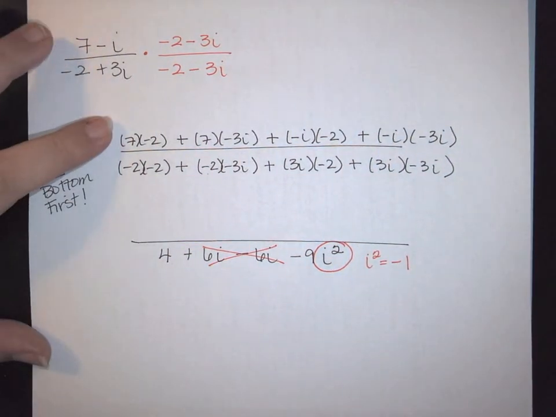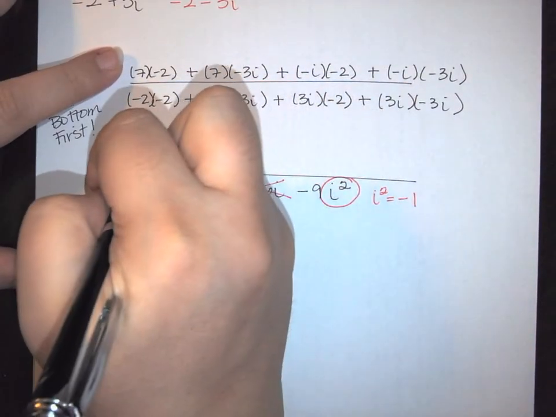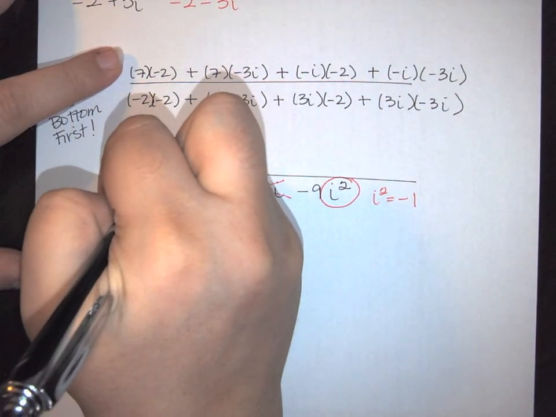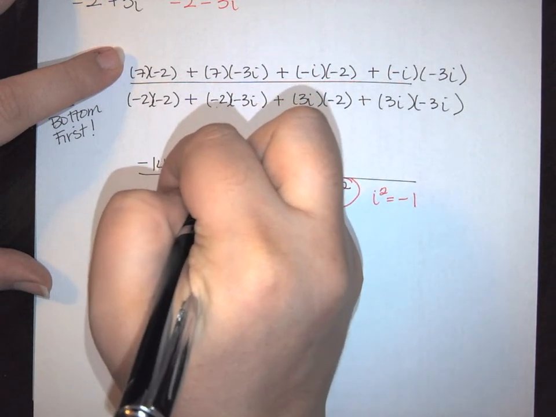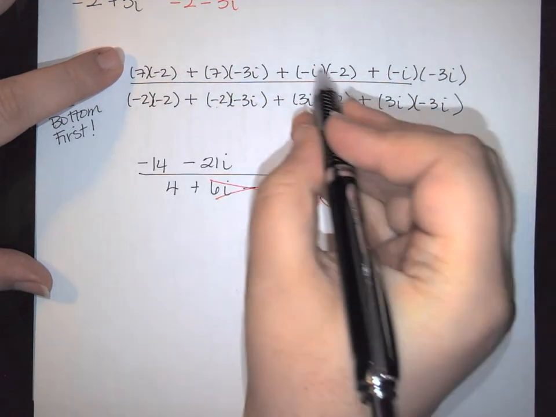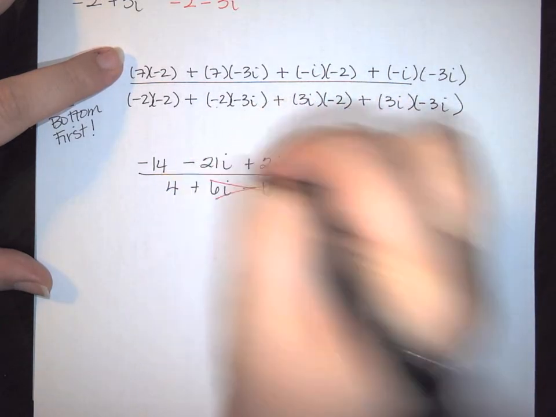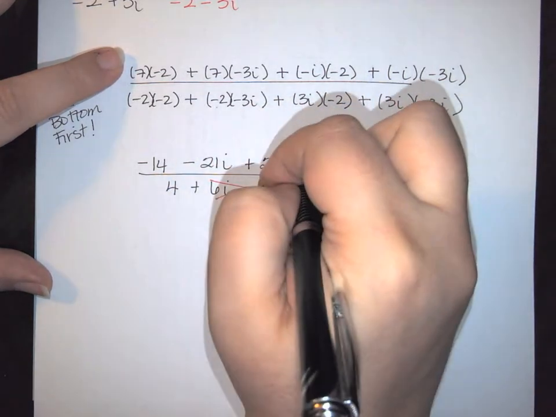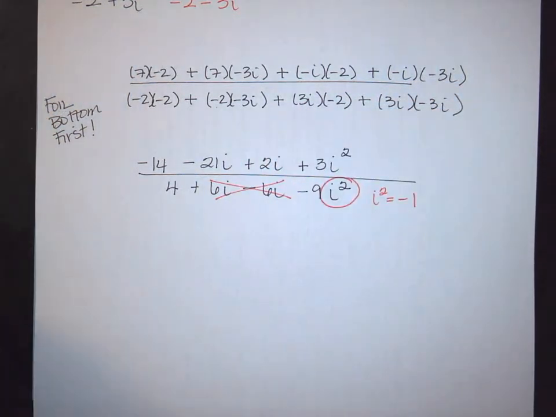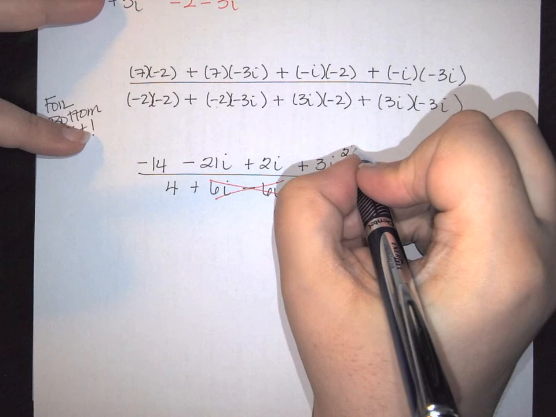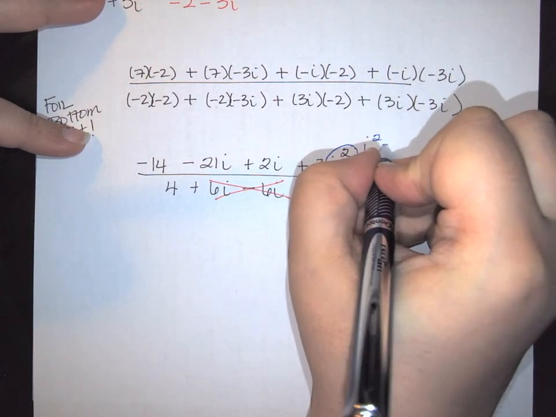Go ahead and reduce that numerator. So 7 times -2 gives you -14. 7 times -3 is -21i. -i times -2 is plus 2i. Negative times negative gives you plus 3i squared. And again, we need to remember that i squared is -1.